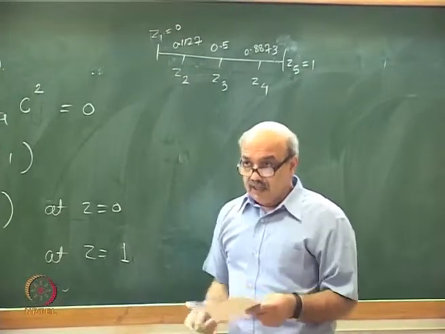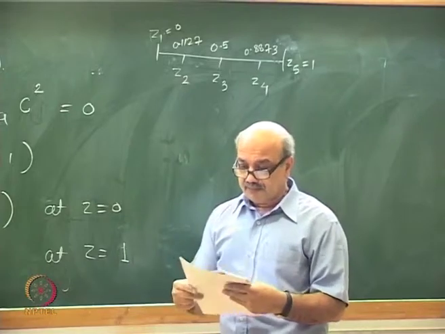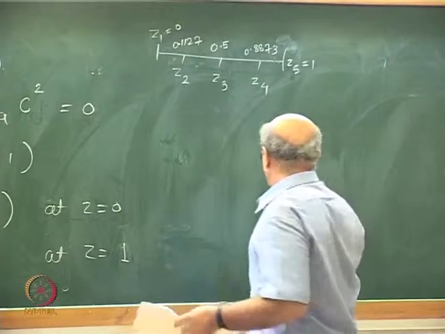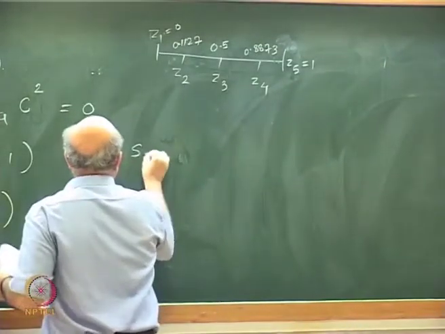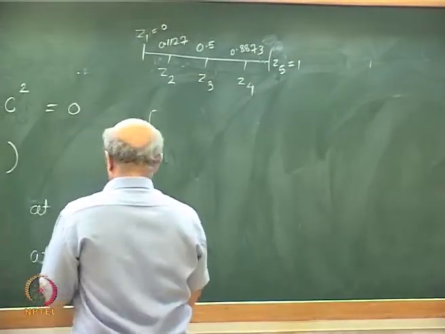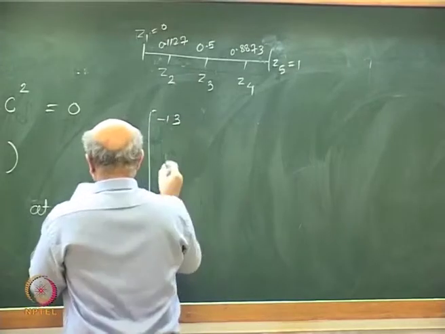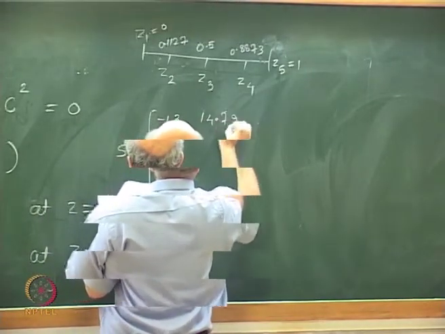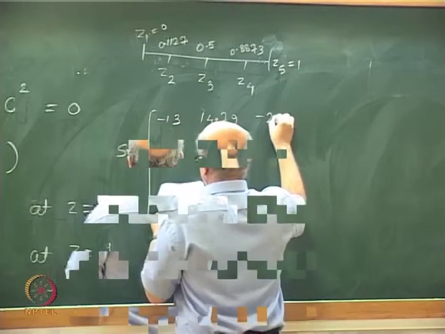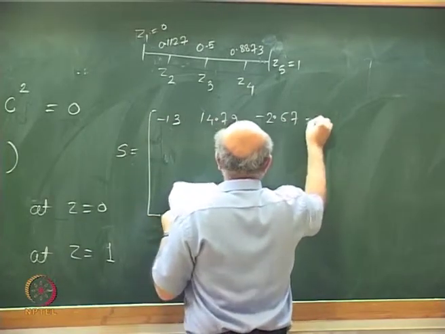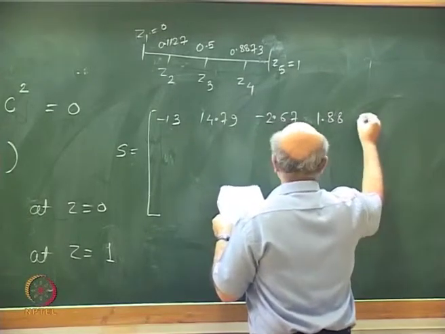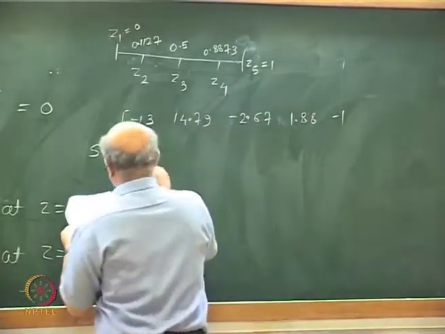Then if I compute S and T matrices, I'll just write here a sample of S matrix. The first row turns out to be minus 13, 14.79, minus 2.67, 1.88, minus 1, and so on.